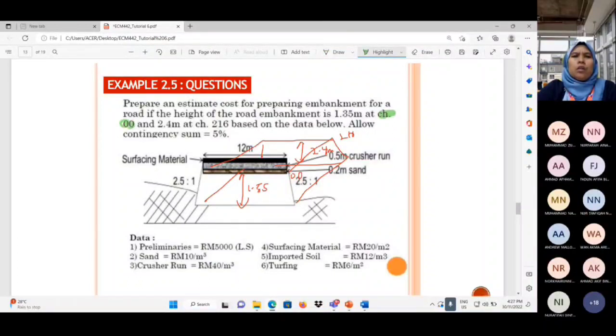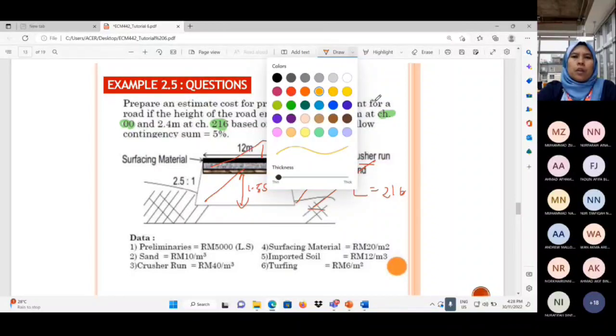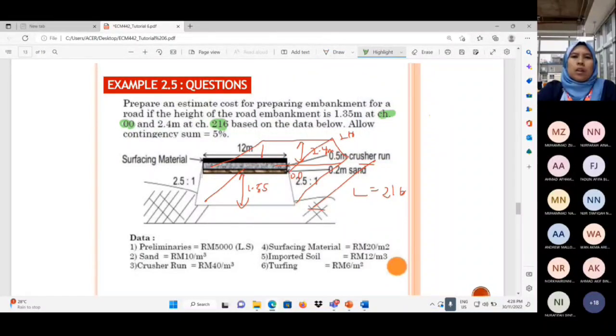Chainage 00, chainage 216 represents the length of the road. So automatically you know that the length of this road is 216.